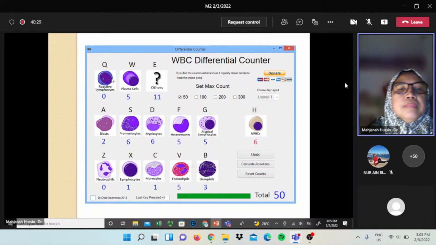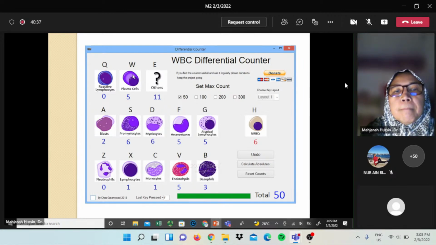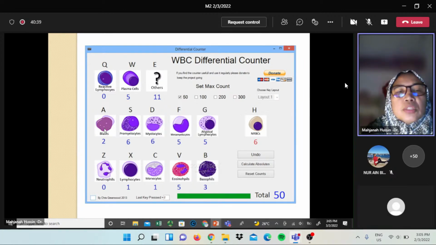This is how the plasma cell looks, and you are going to look for it and count how many of them. This is a blast cell, this is a promyelocyte, this is a myelocyte. They are looking at different types of cell. Here is a neutrophil. If you have many granules inside a cell like this, it will be a neutrophil.